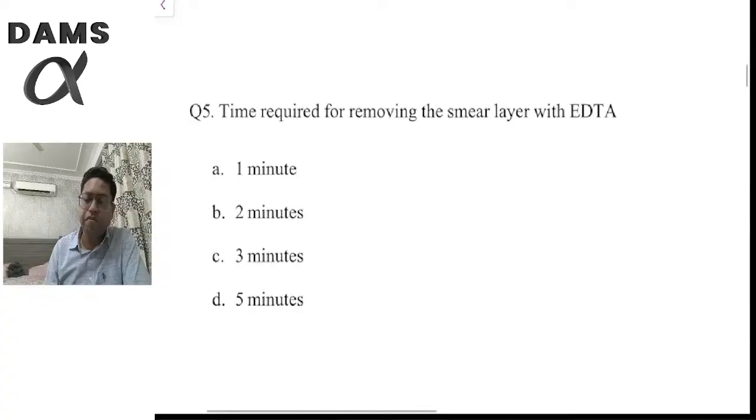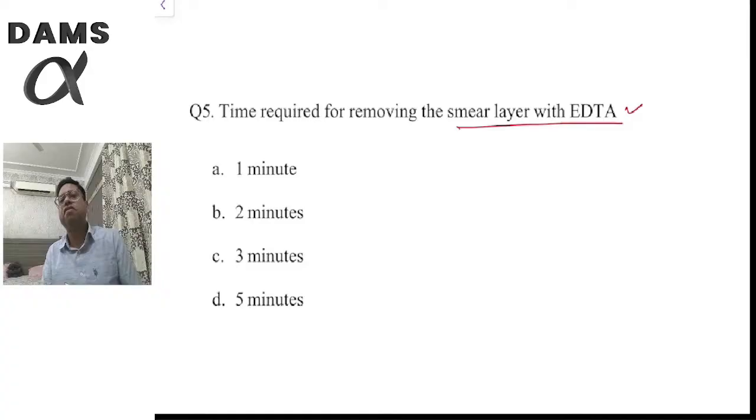Coming over to question number 5. The time required for removing the smear layer with EDTA is 1 minute, 2 minutes, 3 minutes, or 5 minutes. This is something that you have to remember. When I discussed this aspect of root canal irrigation in one of the previous sessions, I specifically told you that there are two standard sets of questions related to smear layer management.